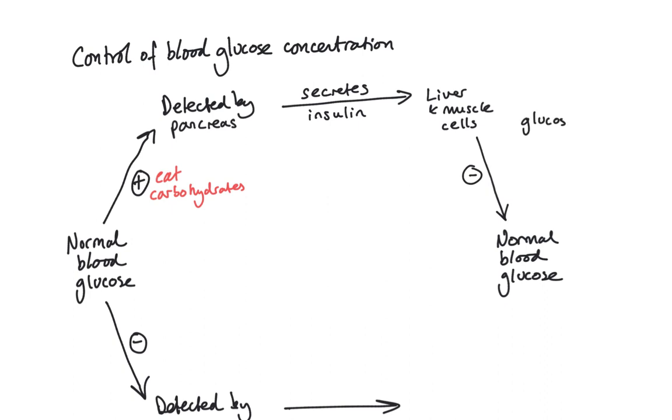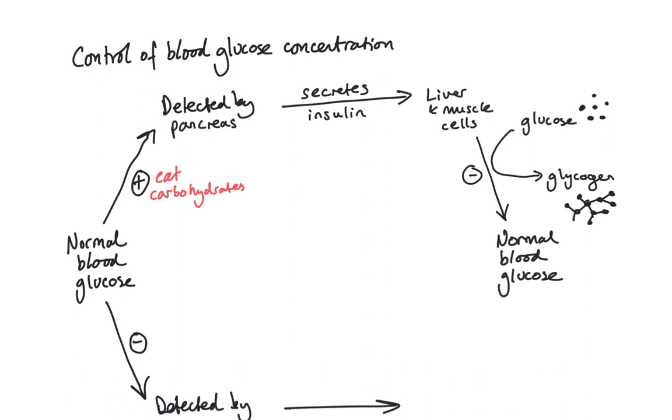and they convert it into glycogen. So if glucose is these little blobs, that's glucose. Glycogen will be those blobs just bonded together. And as soon as they're bonded together, they don't affect osmosis or anything. So that's stored in muscles and liver cells.